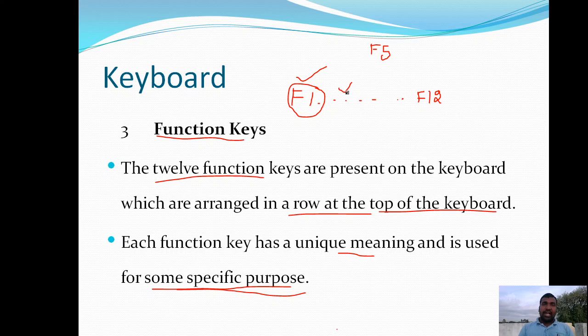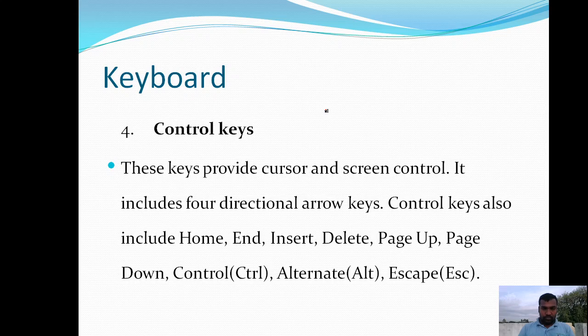Like that, every functional key has some separate meaning. Now the fourth one is the control keys. The control keys provide cursor and screen control. They include four directional arrow keys: down, up, left, and right arrows. Sometimes we call these navigation keys.